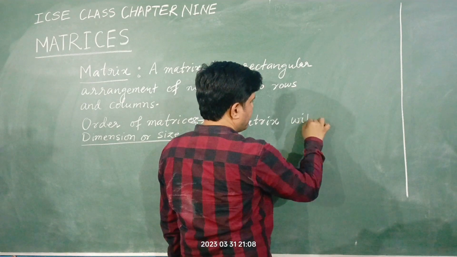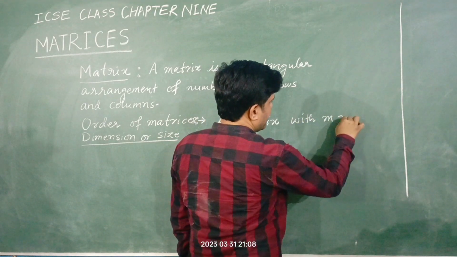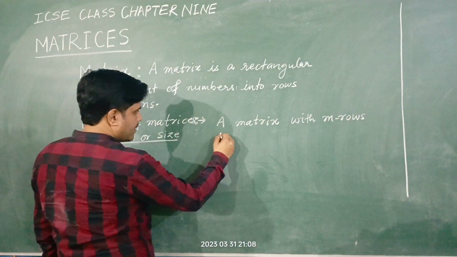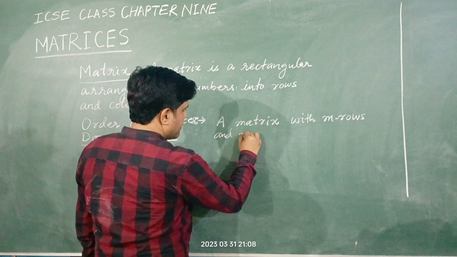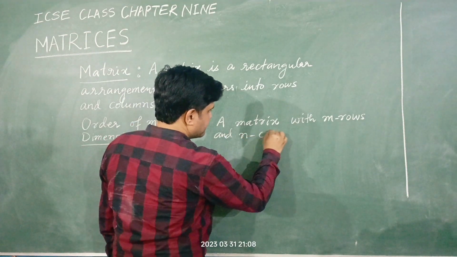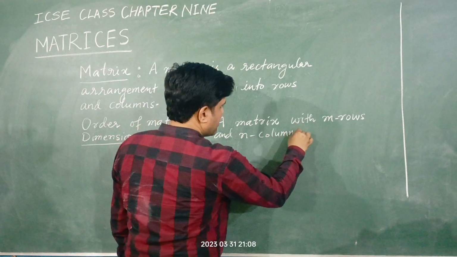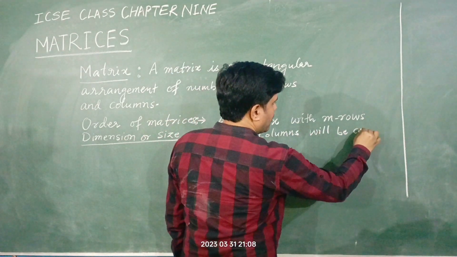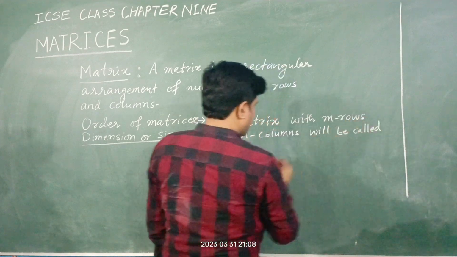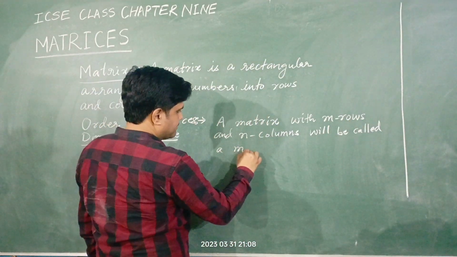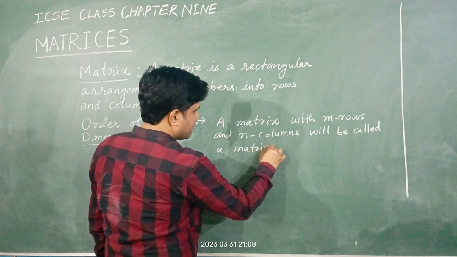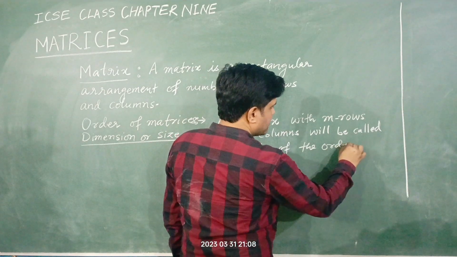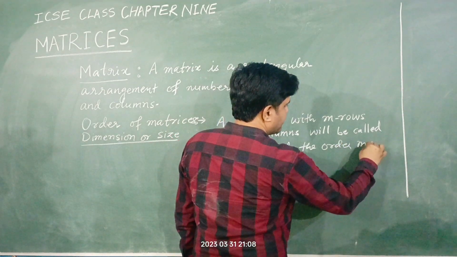A matrix with m rows and n columns will be called a matrix of the order m cross n.